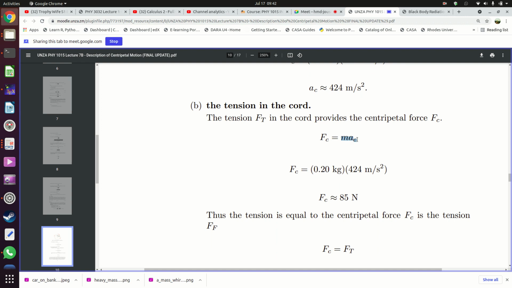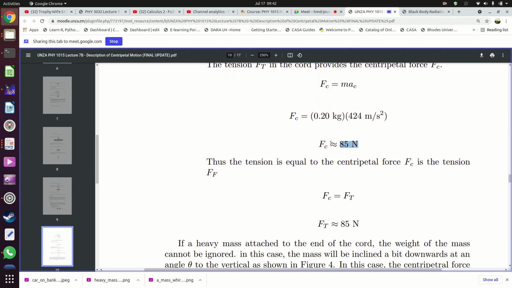So 0.2 kgs multiplied by the centripetal acceleration, and we end up with a centripetal force of approximately 85 newtons. This centripetal force, required to keep this mass moving in a circle, is being provided by the tension. So the tension is equal to 85 newtons. Are we clear?